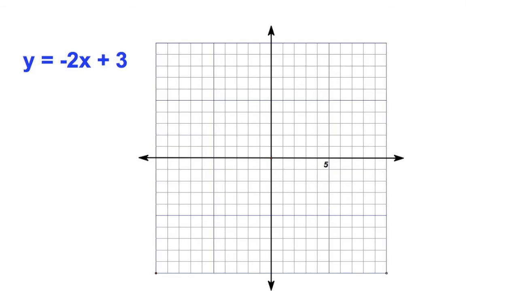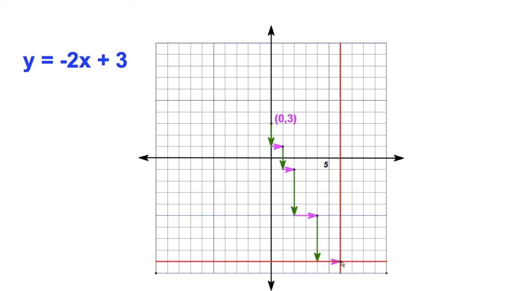So we'll do another one of these, and then we'll mix it up. So again, we're going plus 3, and we have a slope of negative 2, which is down 2 over 1. If this bores you, you can always go down 4 over 2. Right?